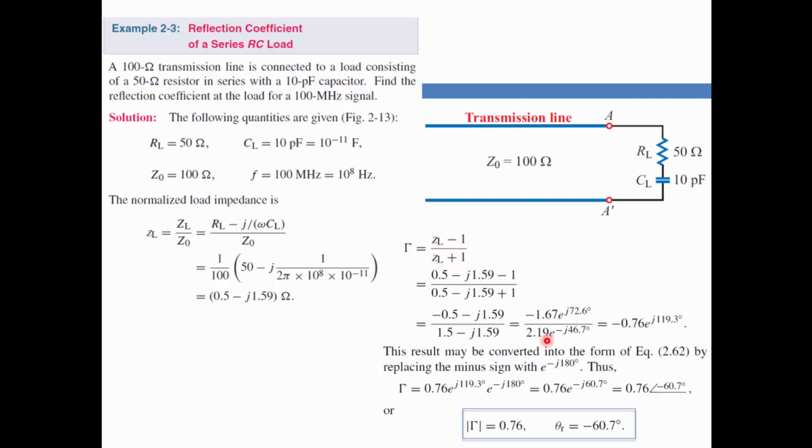Then we will get the reflection coefficient as a magnitude and as a phase. As a magnitude, 0.76 of the traveled voltage will be reflected. The phase between the reflected and the traveled will be about minus 60.7 degrees. Okay, thank you very much.